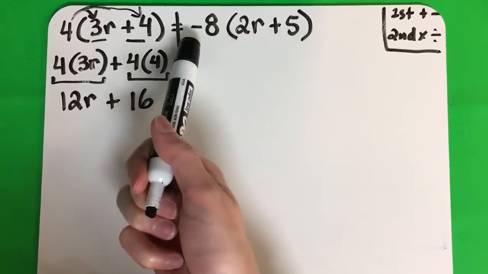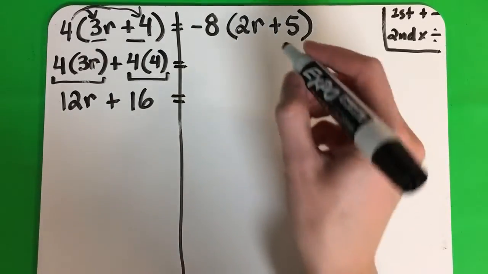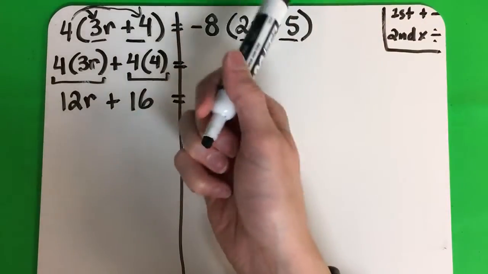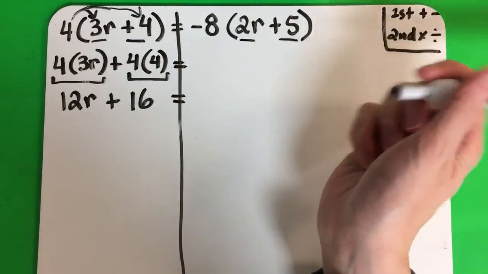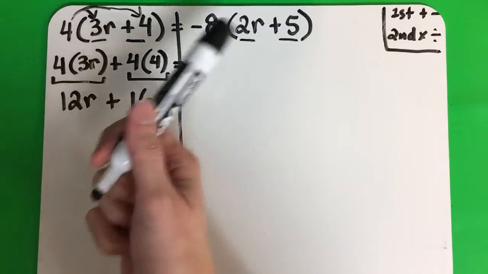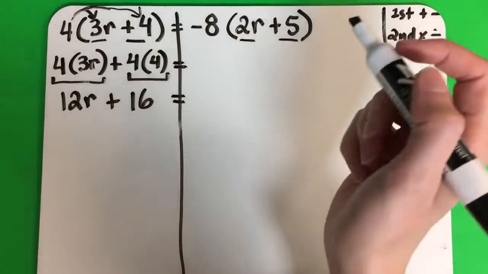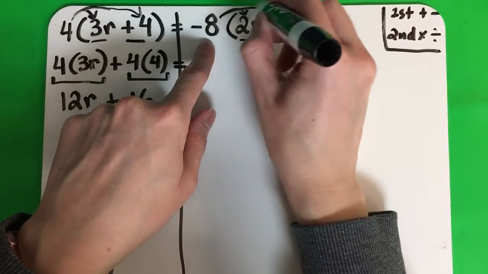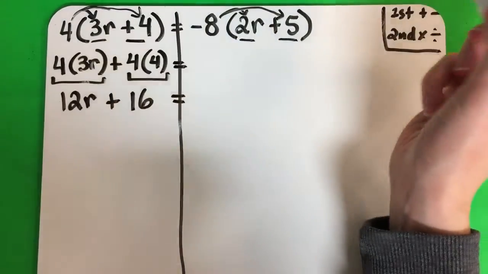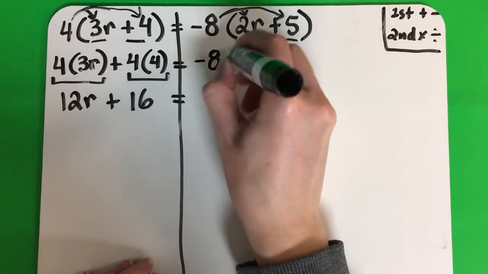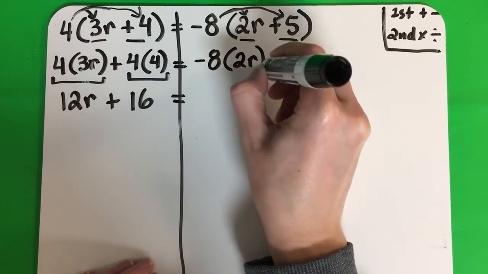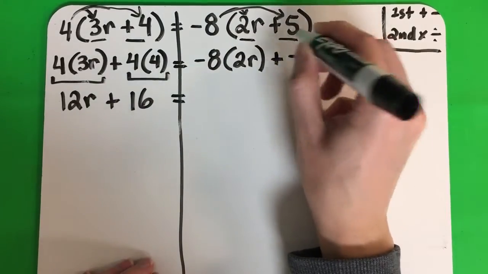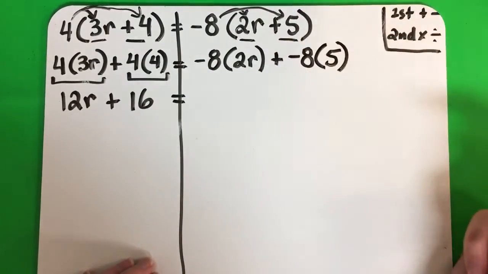Now we're going to do here. How many parts? ¿Cuántos partes? 2. 1, 2. And I'm going to give -8 to both parts. Voy a dar -8 para ambos partes. So -8 times 2r. And again, -8 times 5. So -8 parenthesis 2r plus, again, -8 times 5.